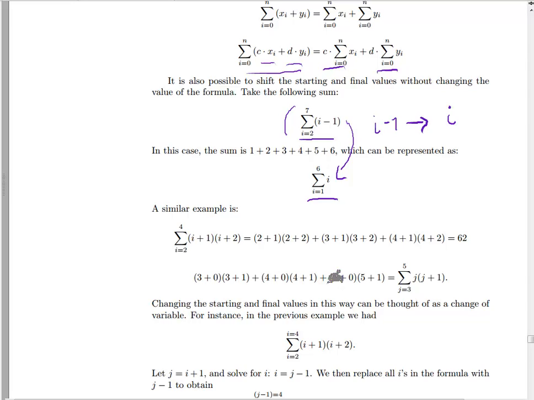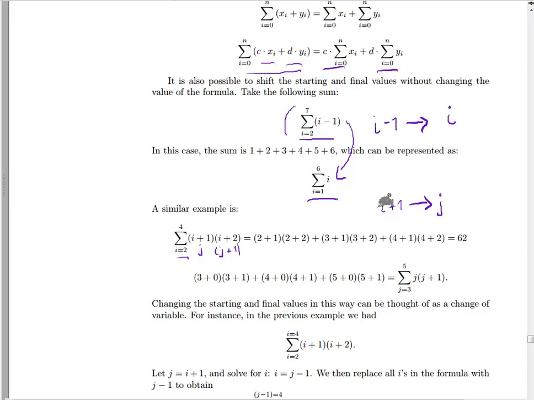So here we have a similar example, a sum with 1, 2, 3 terms, starting from i equals 2 up to 4. Now, if I replace i plus 1 with j, then what do I get? Well, this term is j. Then i plus 2 is i plus 1 plus 1, so this is j plus 1.